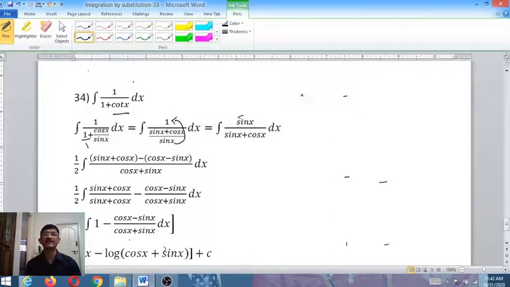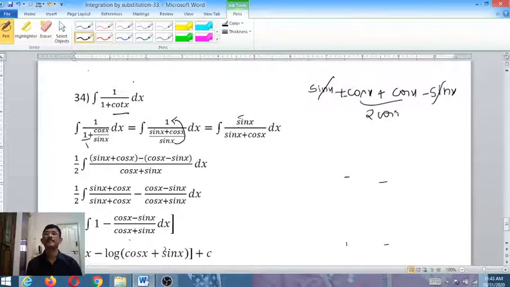What I need here is sin x. If I write plus in the middle, see what happens: sin x plus cos x. If I write plus here, plus cos x minus sin x, you cancel this. I am getting 2 cos x, but here you have sin x, right?